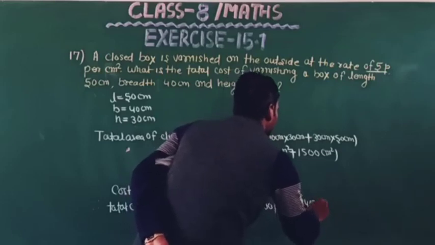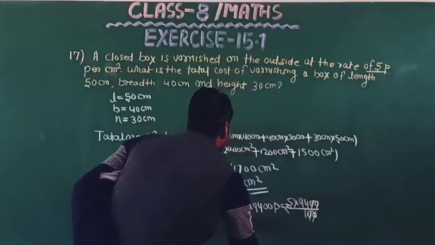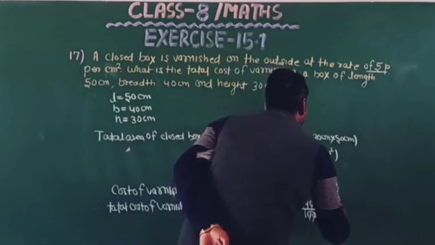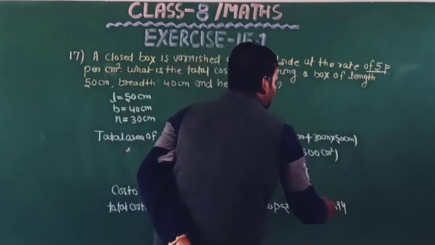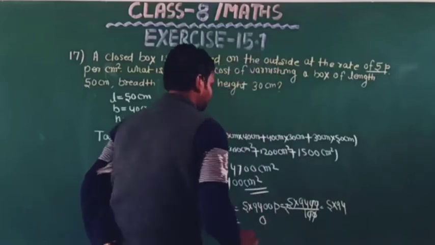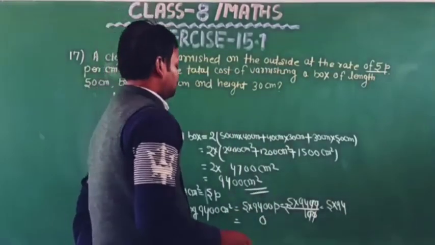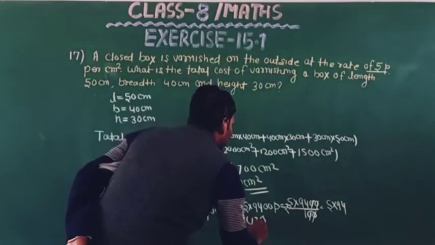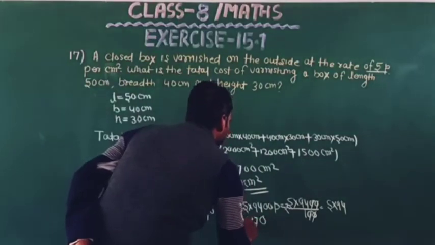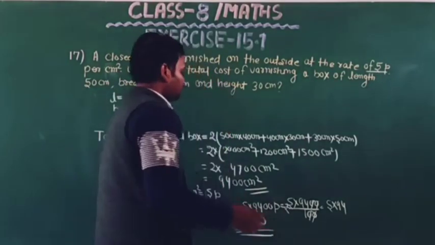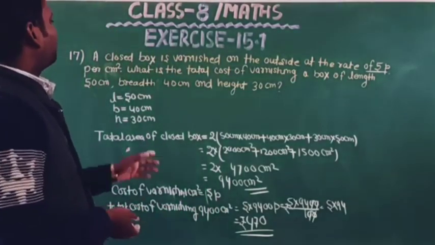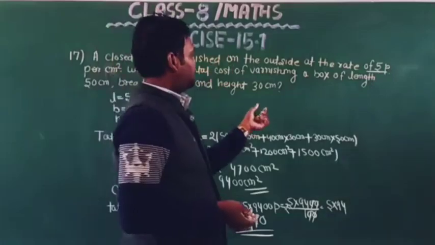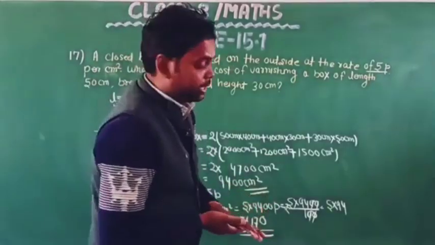We can cancel the zeros, and 5 into 94 is 470 rupees. So this is the total cost of varnishing a closed box from the outside at the rate of 5 paisa per centimeter square.